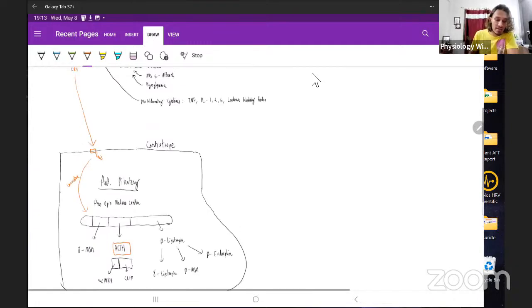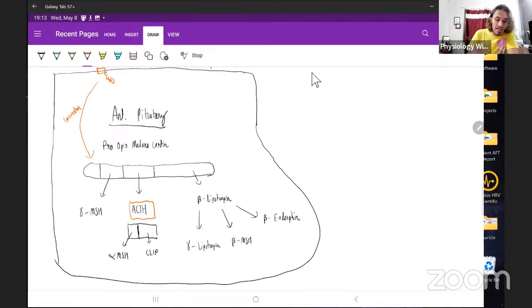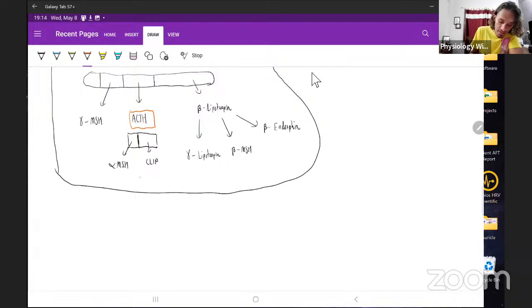Again, what is happening? CRH is released. It acts on the anterior pituitary and it splits pro-opiomelanocortin into different components. One among that is ACTH. ACTH also has an MSH component and a CLIP component. Now this ACTH is being released down.